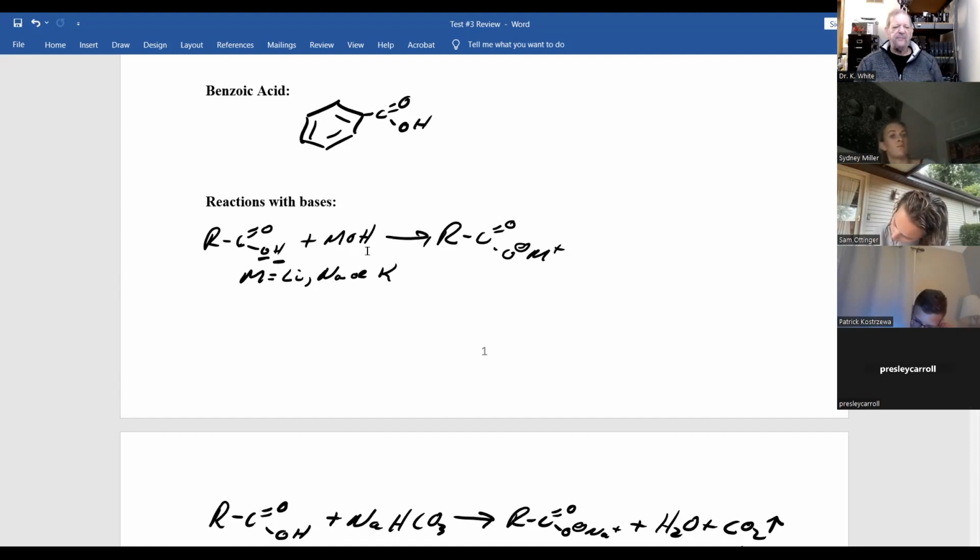And here, M is lithium, sodium, or potassium. And you have an acid-base reaction. And most of these reactions, I ask for just the organic product, not the inorganic. In this case, you get water too, but I don't ask about that. It's inorganic. And you get this carboxylate anion.